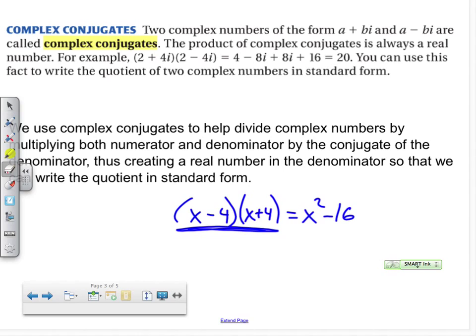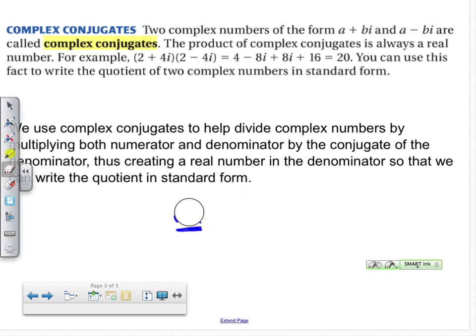It's a special multiplication. Well, for complex numbers, same thing. If you have 2 plus 4i and 2 minus 4i, those are conjugates because if we were to FOIL it, we'd do our box. 2 times 2 is 4. 2 times negative 4i is negative 8i. 4i times 2 is 8i. These are opposites, so they cancel.